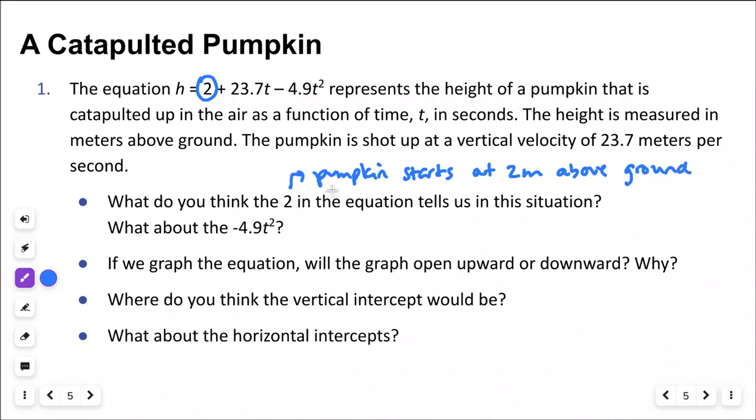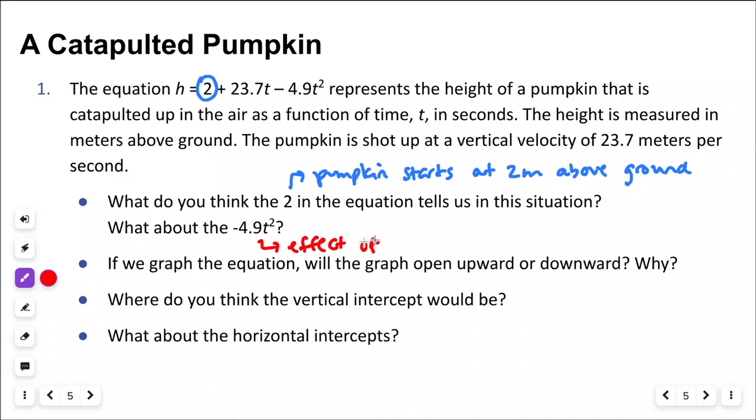That should make sense because if you're putting a pumpkin in a catapult, it's not going to be on the ground. So it's starting at 2 meters. That's about 6 feet above the ground. The negative 4.9 t squared, what does that represent? Well, we had talked about in that lesson where you're launching objects into the air and dropping objects, that quadratic term, the term with t squared, always is representing, do you remember it?